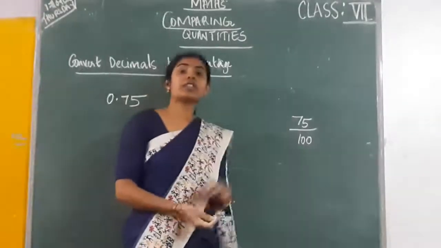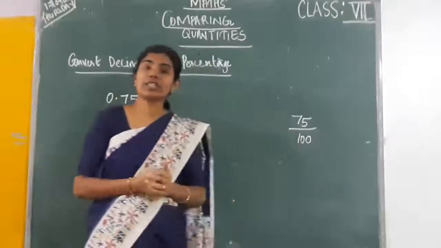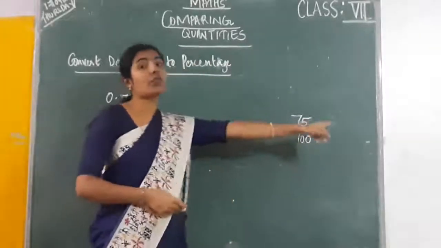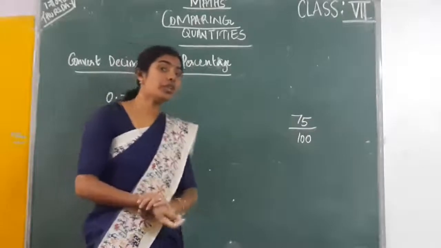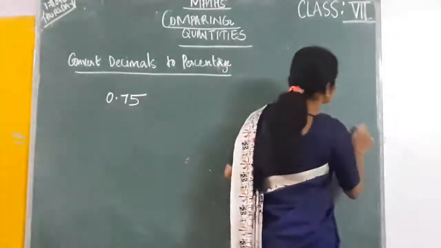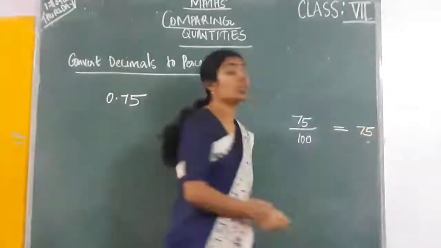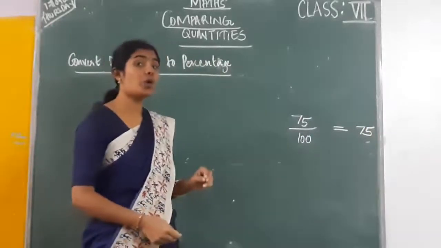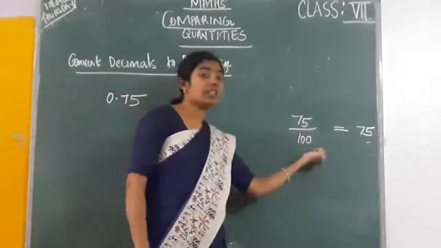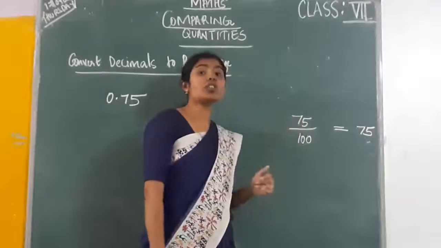Given a fraction 75 divided by 100, how do you convert this fraction into a decimal? Write the number 75. Move the decimal point. How many places? The denominator is 100. How many zeros are there?